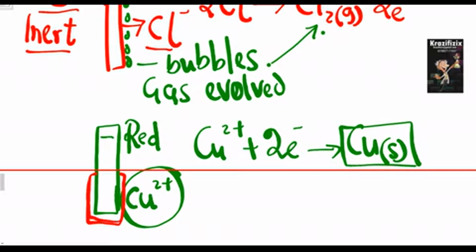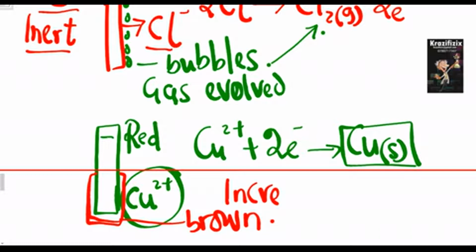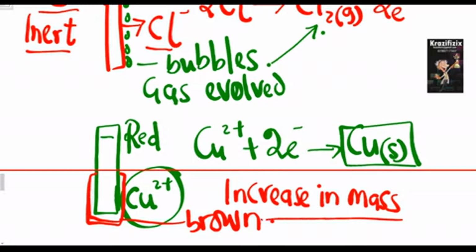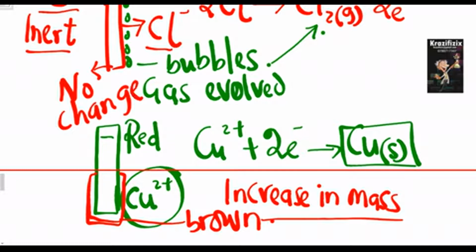It's actually a brown covering. And here again, there is an increase in mass. However, on my anode, there is no change in the mass. I'm sure you know why. This is carbon and not copper. There is no change in mass.